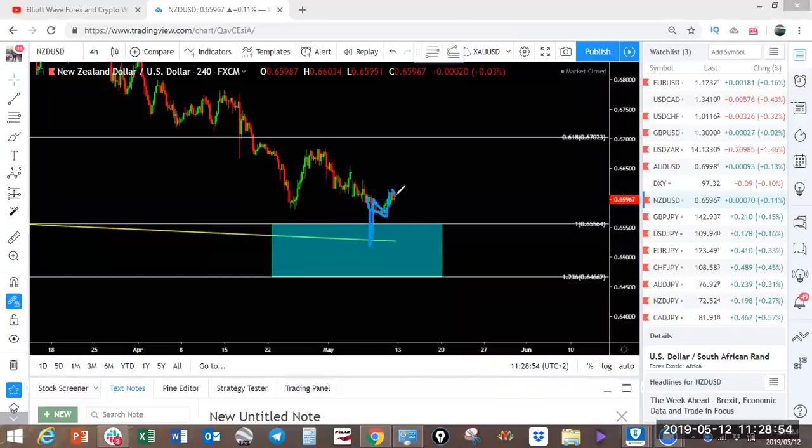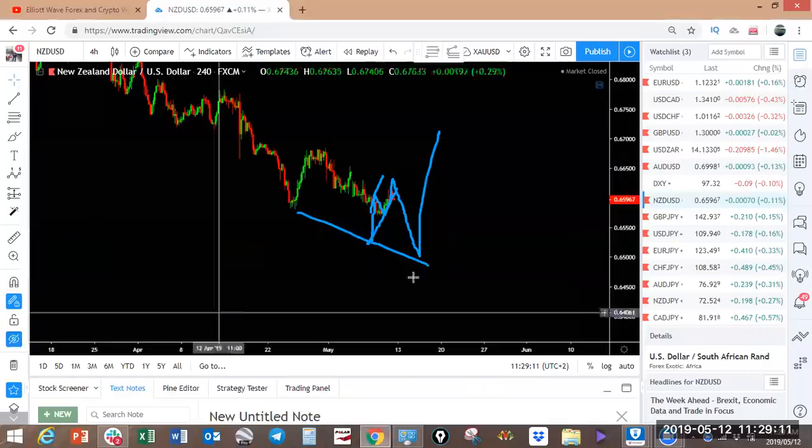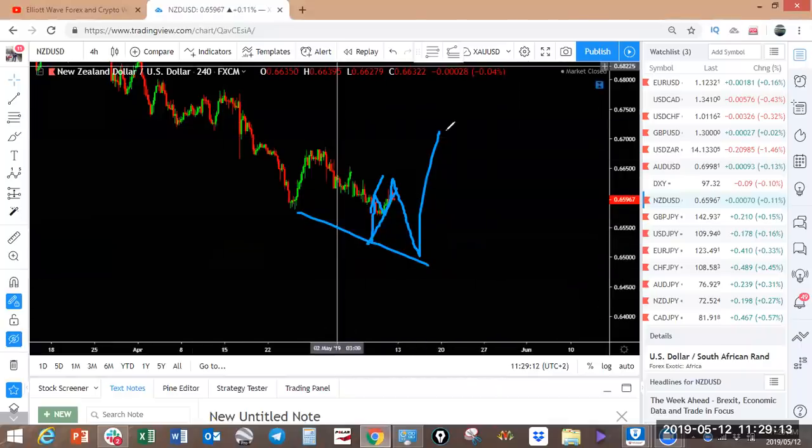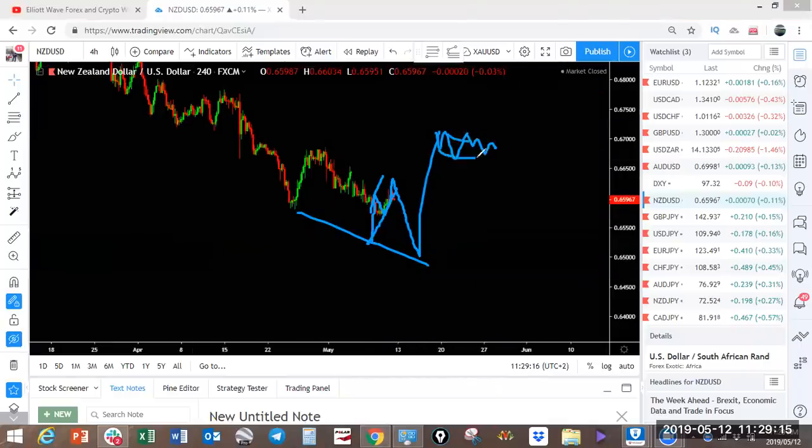What we want here is a corrective structure for the upside. Even if it does this 1, 2, one more down into the blue box, that is still fine. That will still be fine, and then we'll look for this to make a corrective structure and push higher.